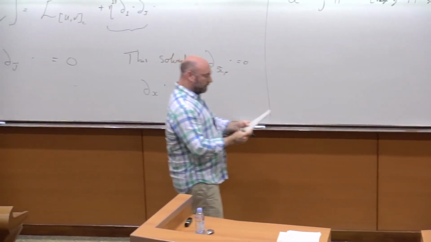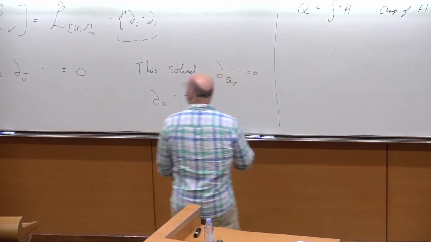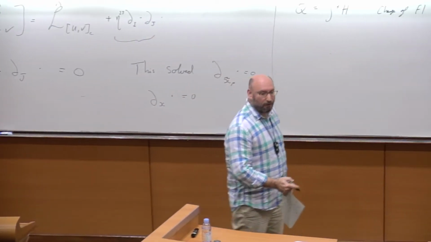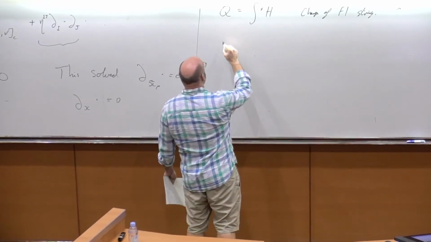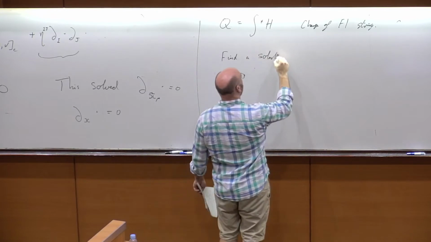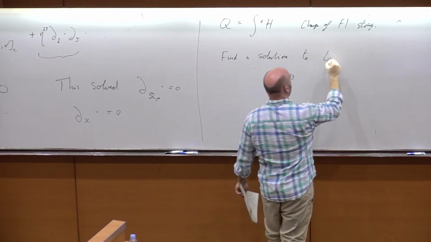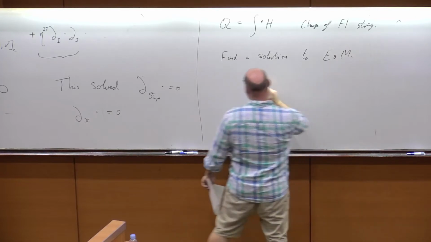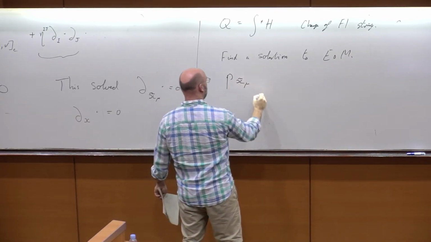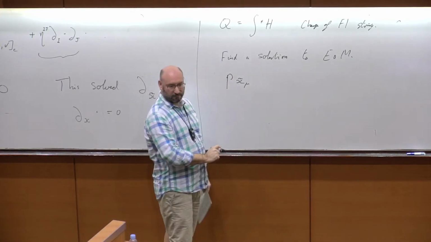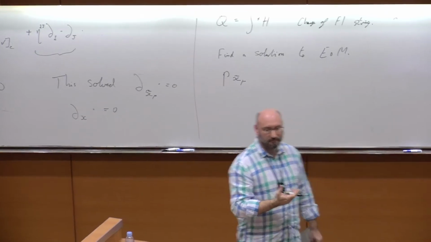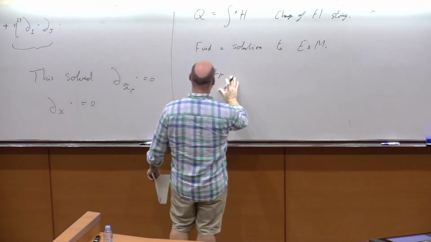So now what we can do is, I wrote down the action, I could write some equations of motion, and I could solve the equations of motion, so find a solution to the equations of motion where I would have P x tilde mu to be non-trivial, where this momentum will be the equivalent of something like an ADM momentum defined in this space, which you'd have to do.